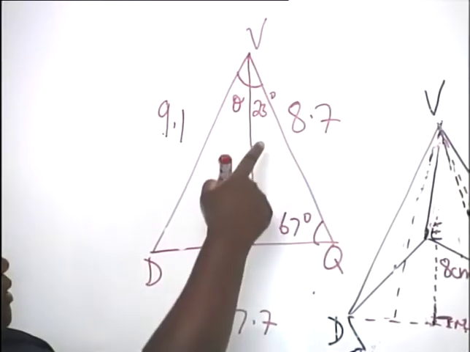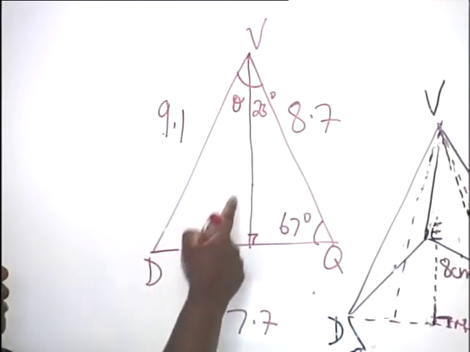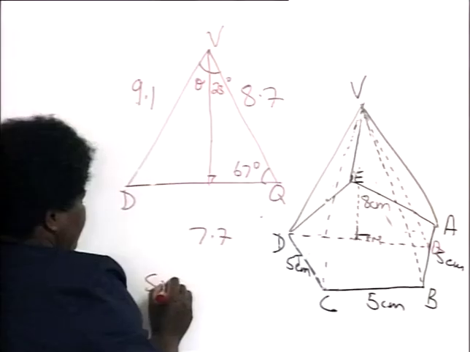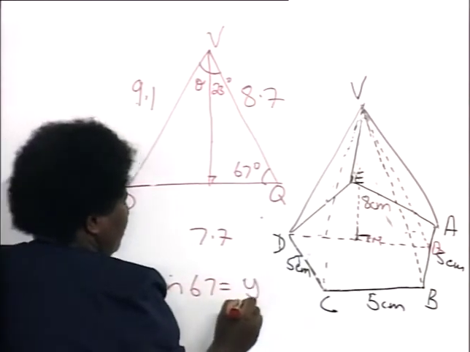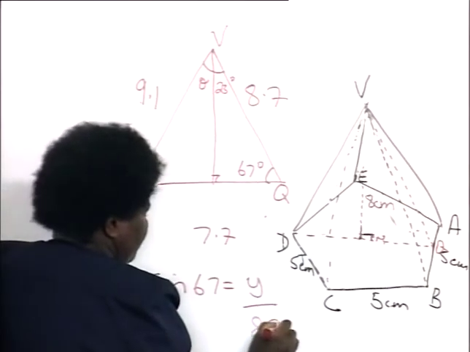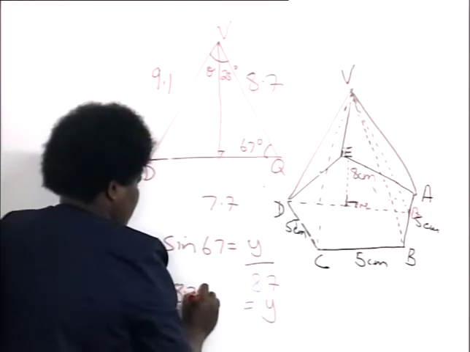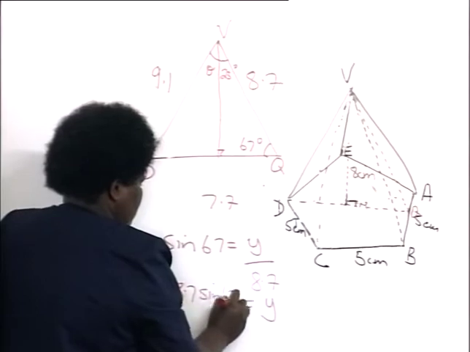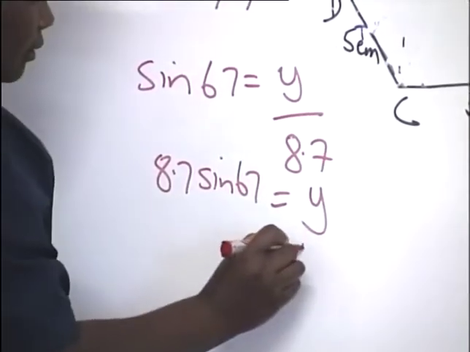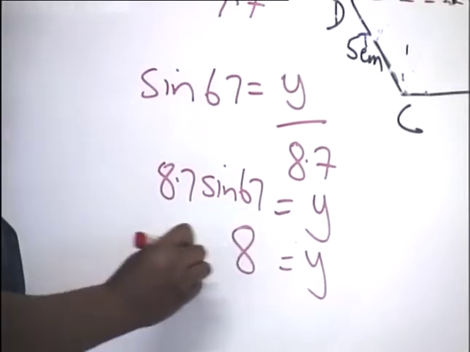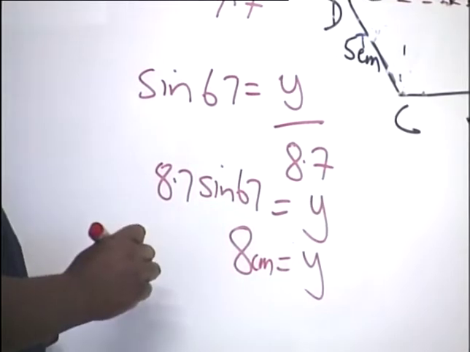Okay, using 8.7 and 67 degrees or 23 degrees to find this, sine of 67 degrees is equal to y over 8.7, which is, is it exactly 8? I hope it's 8.